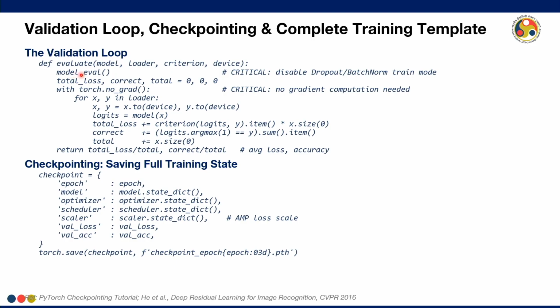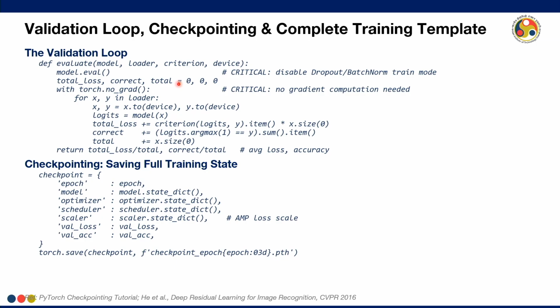So model.eval will automatically switch off the dropout and batch normalization layers, so they will not impact your dimensions. The model dimension will not get impacted.